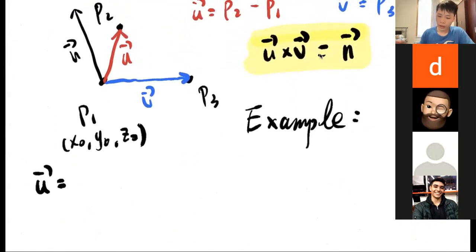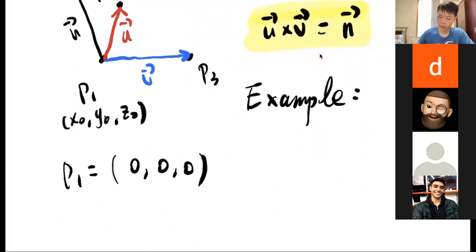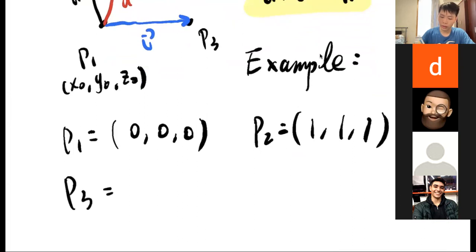Let's say you have now P1 is 0, 0, 0, the origin. P2 is 1, 1, 1. P3 is minus 1, 1, minus 1.